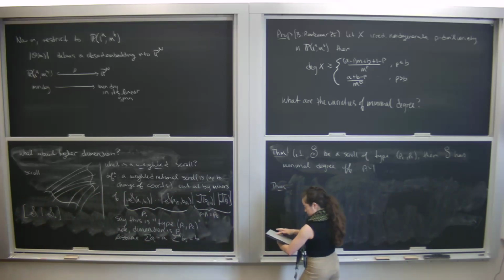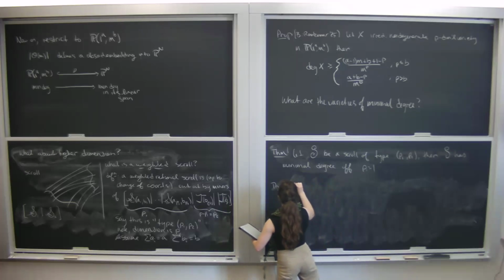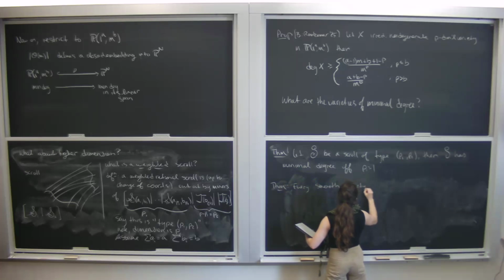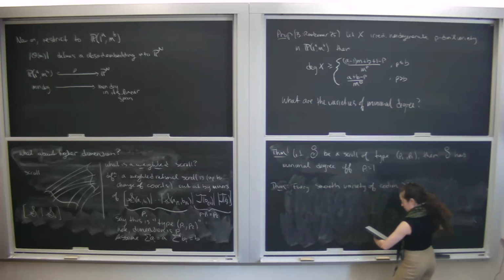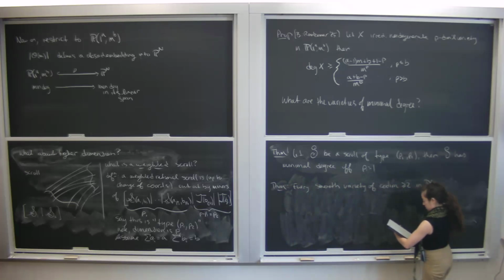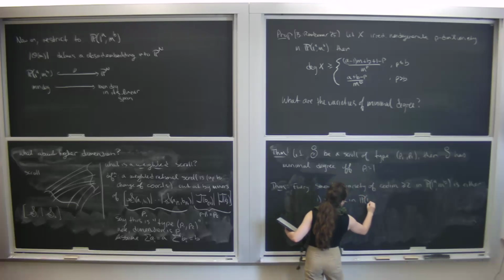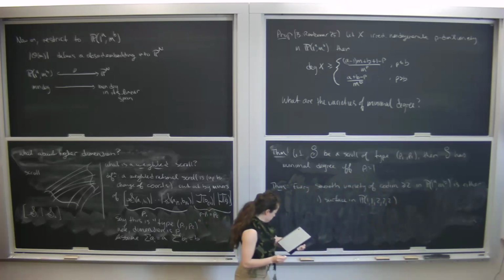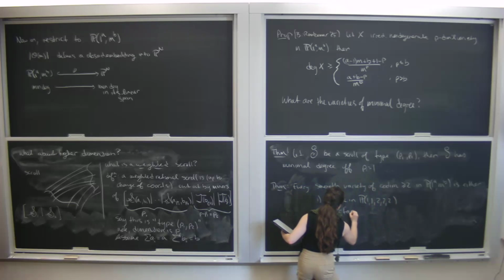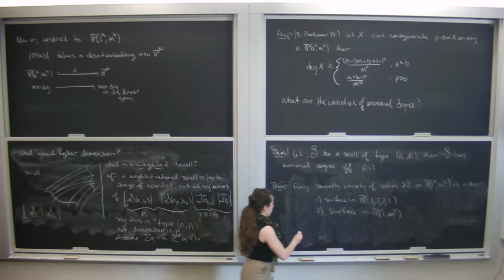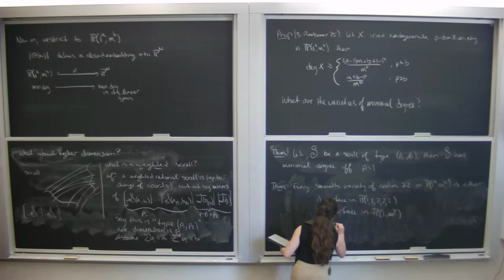So here is a partial answer to this: every smooth variety of codimension at least 2, so we're going to exclude hypersurfaces again, in P(1^A, M^B) is either a surface in P(1,1,2,2,2), or a surface in P(1, M^5), or a weighted rational scroll.